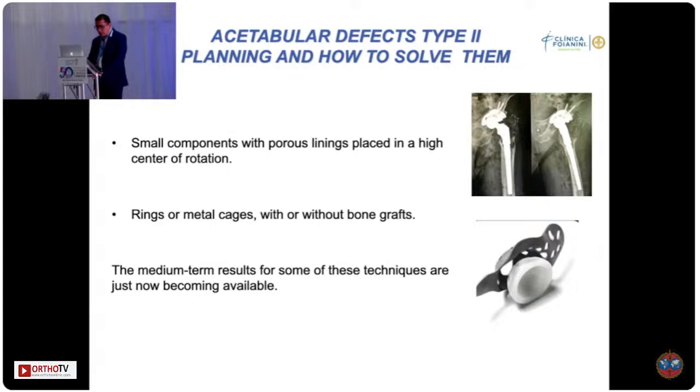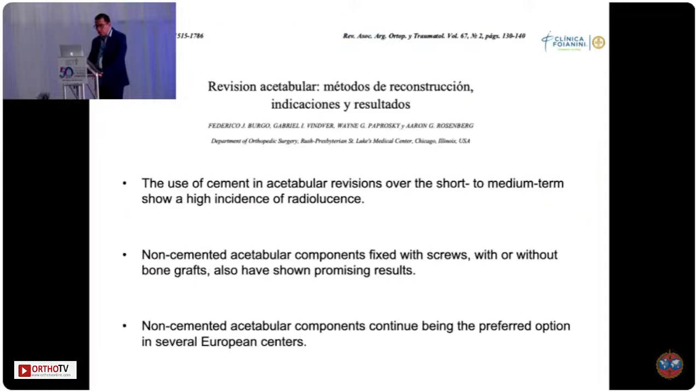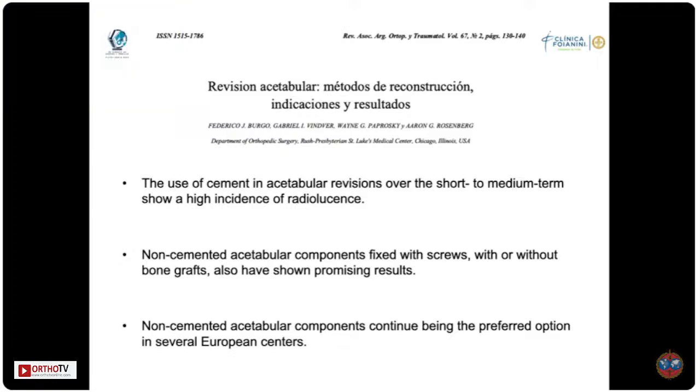The medium-term results for some of these techniques are just becoming available. The use of cement in acetabular revision over the short to medium term shows a high incidence of radiolucency. Non-cemented acetabular components fixed with screws, with or without bone graft, have all shown promising results.